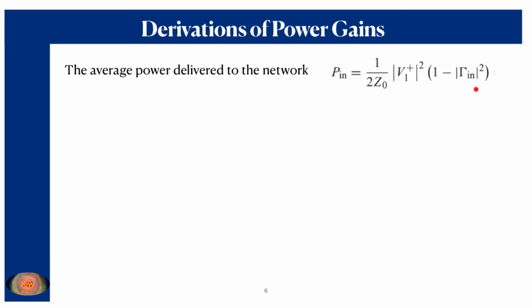But in this case, the presence of this gamma in signifies that the maximum power will not be delivered if gamma in is not equal to 0. That means the maximum power will not be available at the input of the network if this gamma in is not equal to 0.